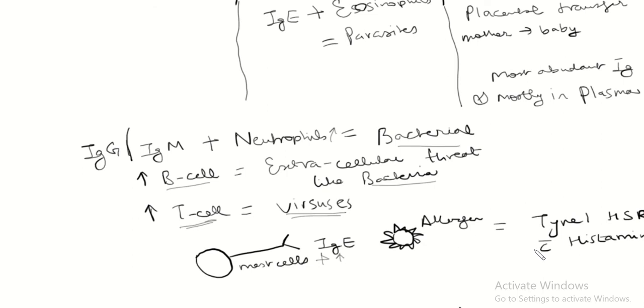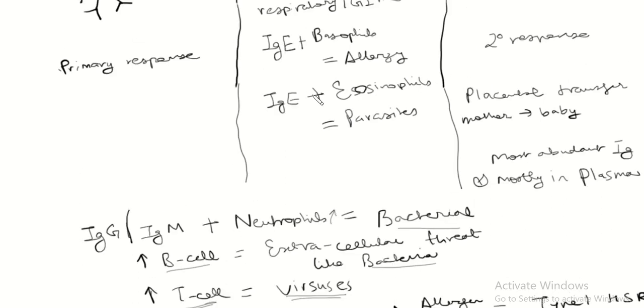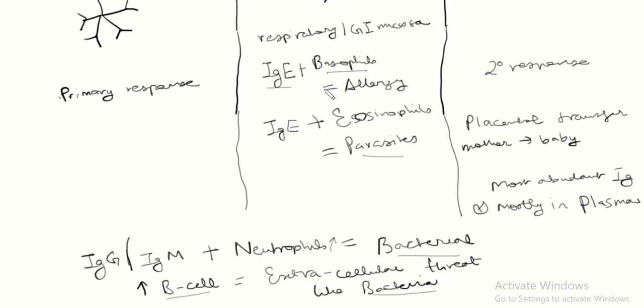If you have increased basophils and mast cells and you have increased IgEs, now I'm thinking what? Allergies with histamine. So that's type 1 hypersensitivity. What if you have IgEs that are high with eosinophils that are high? Maybe parasites. IgEs with basophils and mast cells high, I'm thinking more along the lines of allergies.